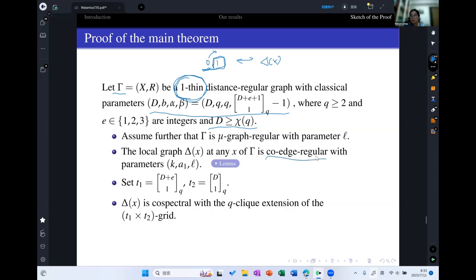It's co-edge regular because a distance regular graph is edge regular. And if we set T1 is this, T2 is this, we can see the local graph is cospectral with a q-click extension of the T1 times T2 grid.